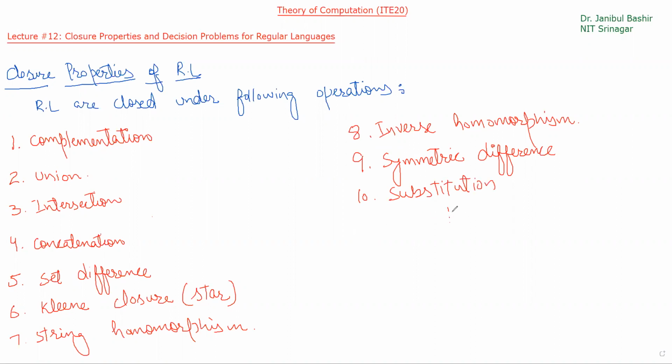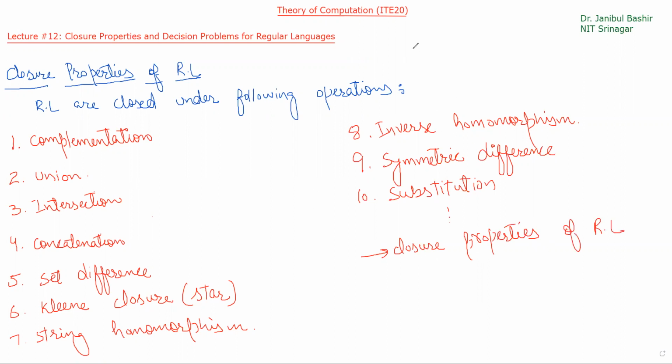So we won't be discussing all those operations. These are some of the important operations which are the closure properties. So these are the closure properties of regular languages. What does that mean?